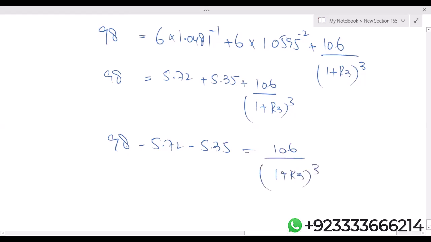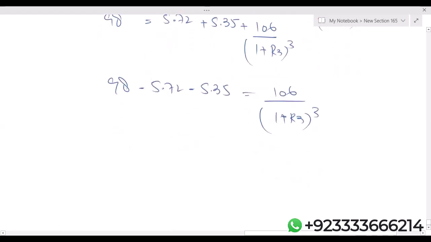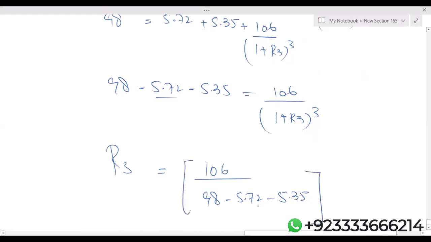Now let me write a formula so that from 98 you just need to deduct this. We'll deduct, no issue at all. 106 over 98 minus the present value of first year minus the present value of second year. If it is 3, the power is going to be 1 upon 3, minus 1.